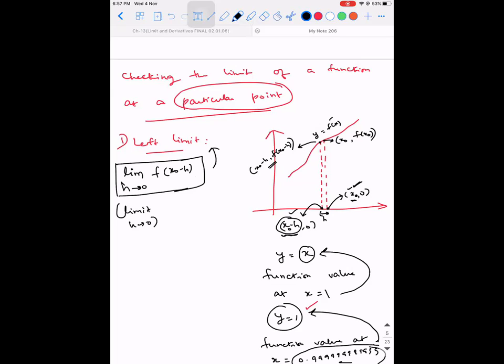It will always take h tends to 0, sir. It should tend to 0. That is how we define. If I say left limit at x naught, means from x naught minus h, where x naught minus h is that 0.99999, I am approaching towards x naught, where x naught is that 1. So I'm approaching from the left hand side. So this is like a formula. As of now, have it in your mind. When I explain examples of how to apply it, you will understand.